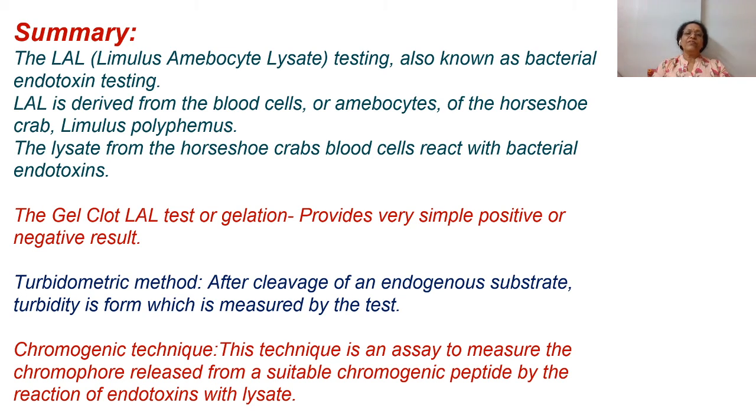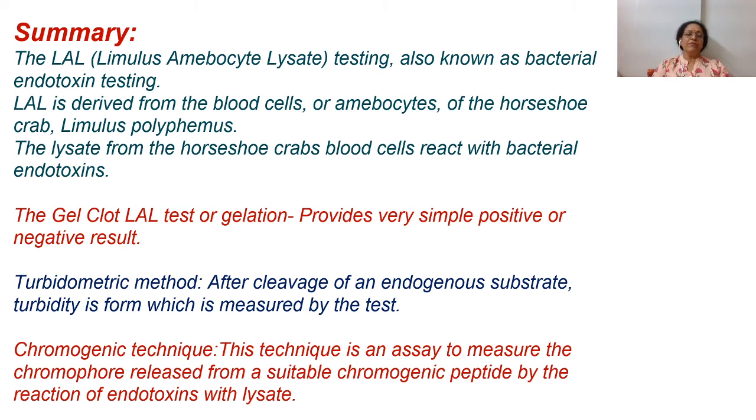The lysate from the horseshoe crab's blood cells reacts with the bacterial endotoxin. Bacterial endotoxins are nothing but lipopolysaccharides of gram-negative organisms, and exceptionally, endotoxins such as delta toxins from gram-positive microorganisms like Bacillus thuringiensis can all be detected by using this LAL test.